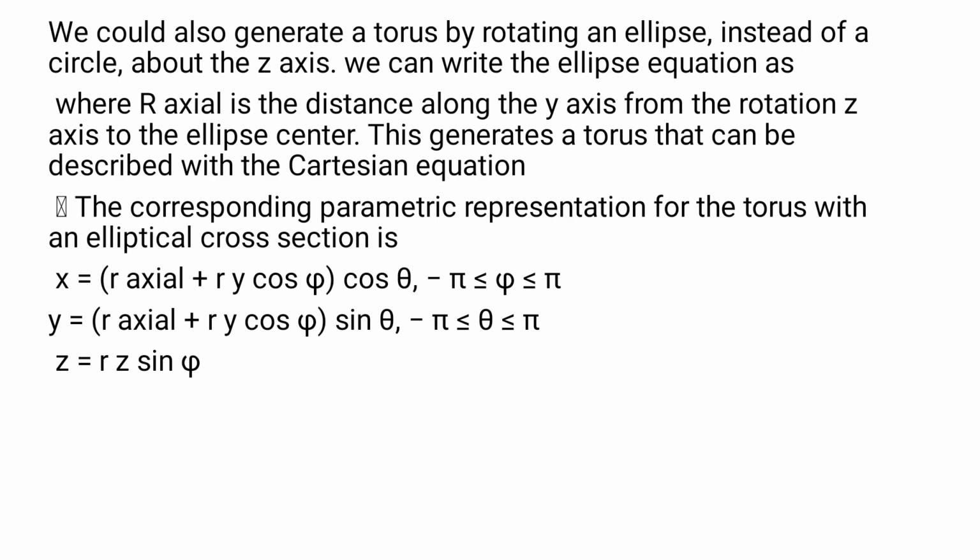The corresponding parametric representation for the torus with an elliptical cross section is x = (r axial + ry cos phi) cos theta, with minus pi less than or equal to phi less than or equal to pi, y = (r axial + ry cos phi) sin theta, with minus pi less than or equal to theta less than or equal to pi, z = rz sin phi.